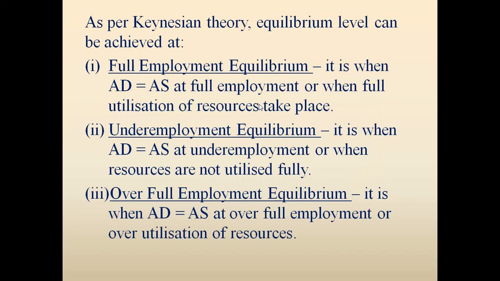S must be equal to I, then only equilibrium can be achieved. Okay, and now according to John Keynes, equilibrium level can be achieved at 3 conditions: full employment equilibrium, underemployment equilibrium, and over full employment equilibrium. That is actually the excess usage of the resources.